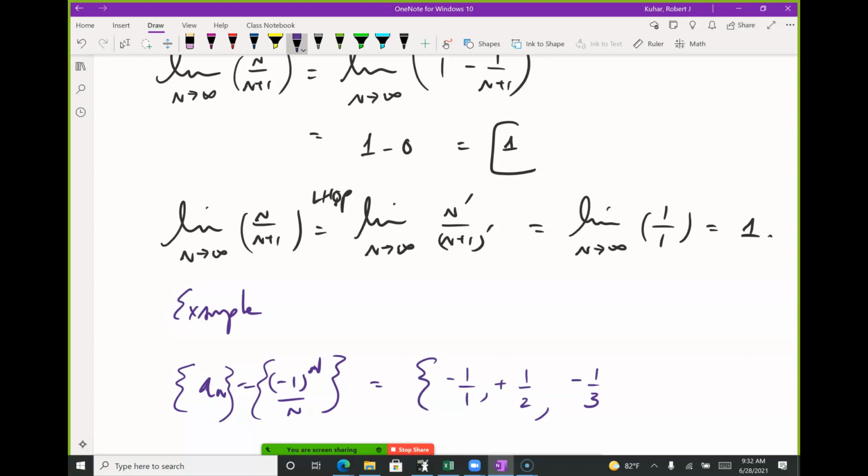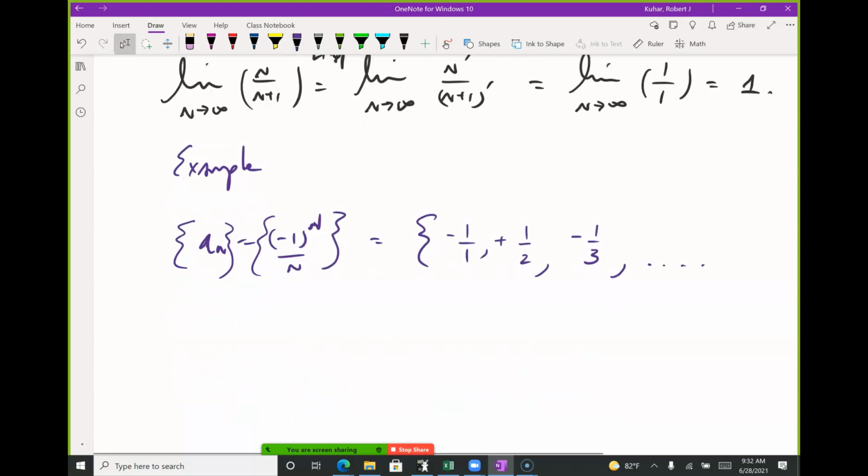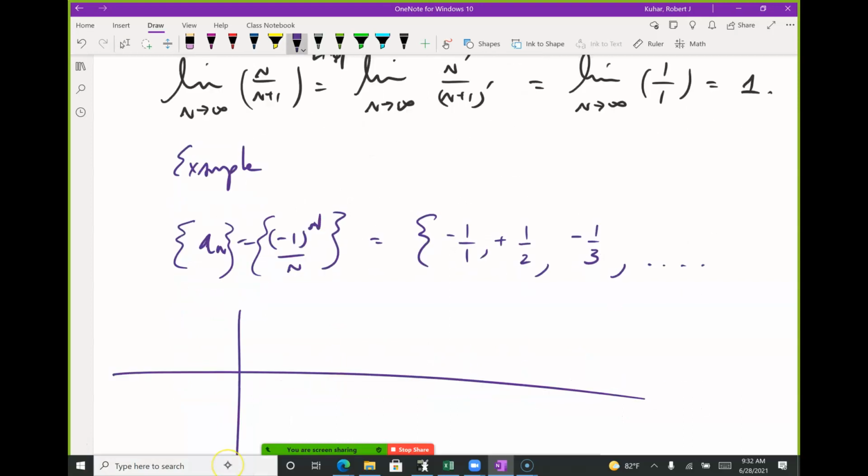You with me there? And I can see in the long run, this limit is going to go to 0. So this is oscillating, but it starts at minus 1 and then minus 1/2, and you can still see it's going to go to 0, right?